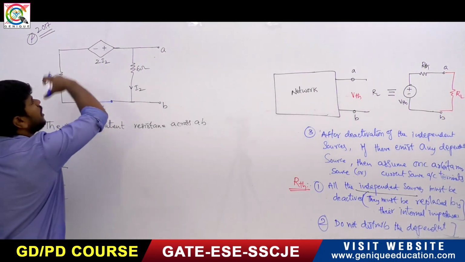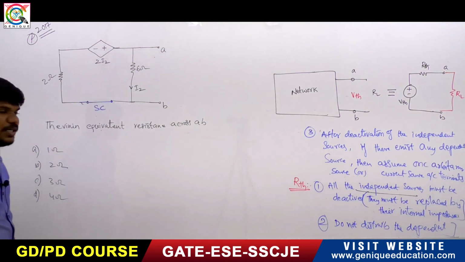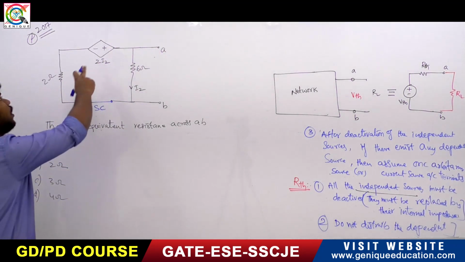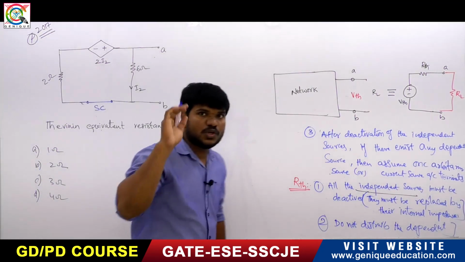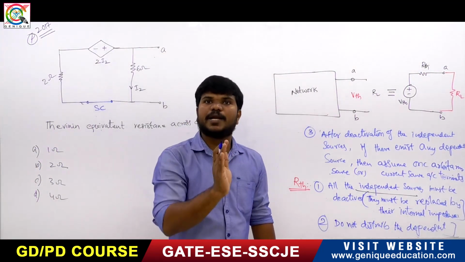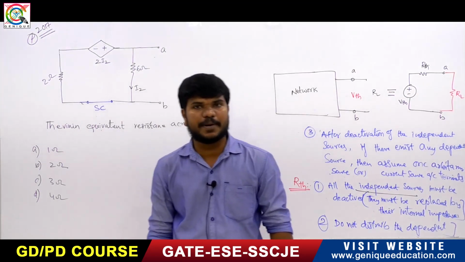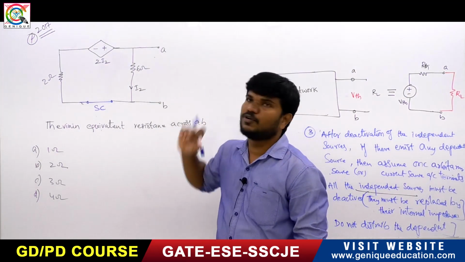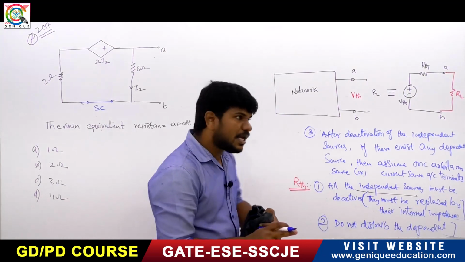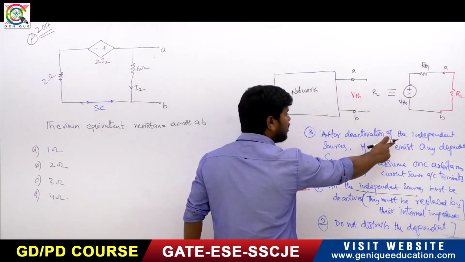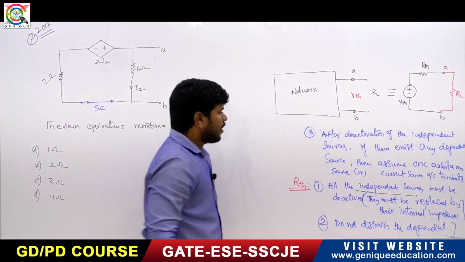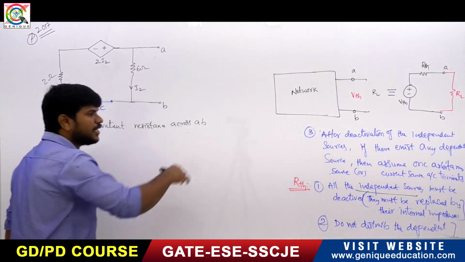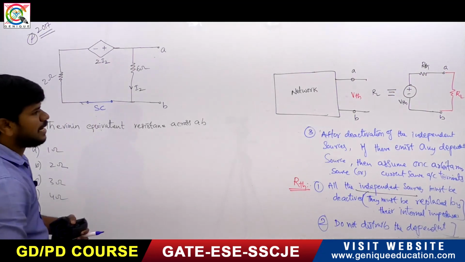So after the deactivation of the independent source, only the dependent source is there. If there is a dependent source, you have to be careful. After deactivation, if any dependent source exists, then we have to assume one arbitrary source, current source or voltage source, across the terminals.